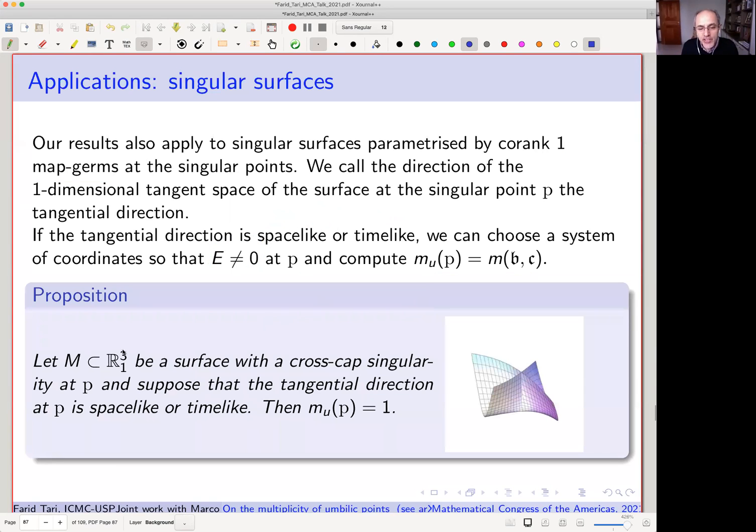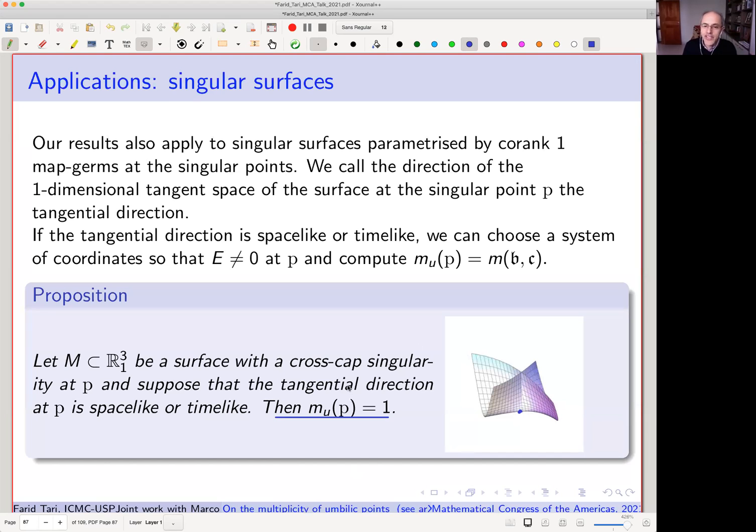An example of these surfaces is the cross-cap. If I have a cross-cap in R^3_1, and I suppose the tangential direction is not light-like, then the multiplicity is 1. So at the cross-cap point, there is only one umbilic point concentrated there.